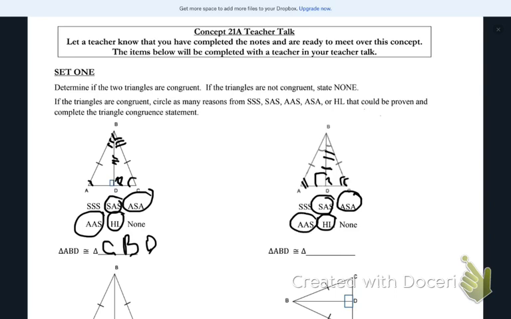So because we're able to use a congruency theorem, we can go ahead and write a triangle congruency statement. So triangle ABD is congruent to, well, A matches with C, B matches with B, and then D matches with D as well.